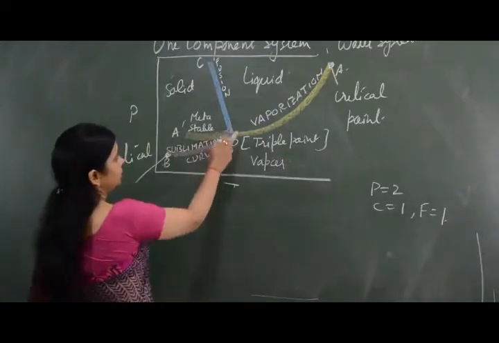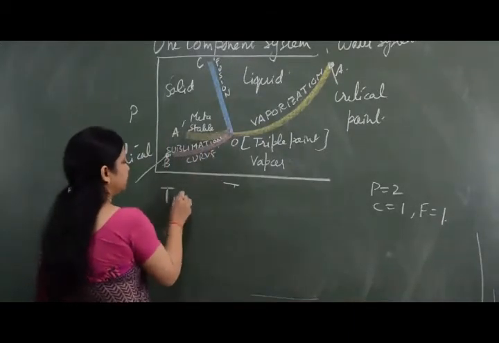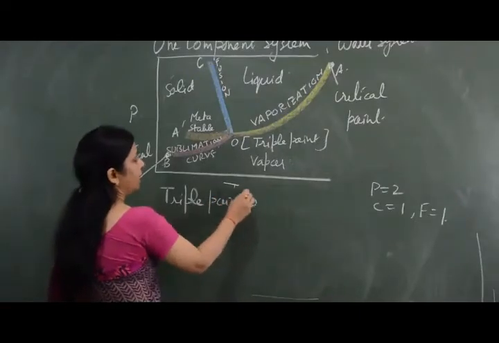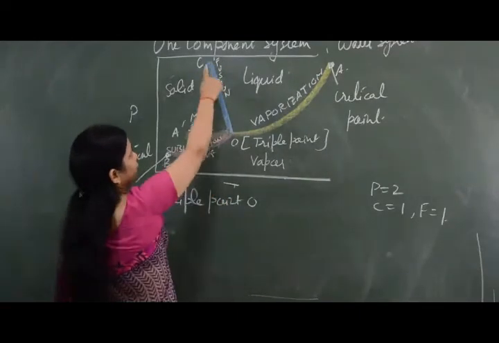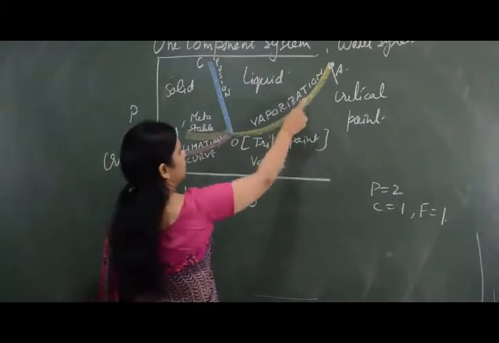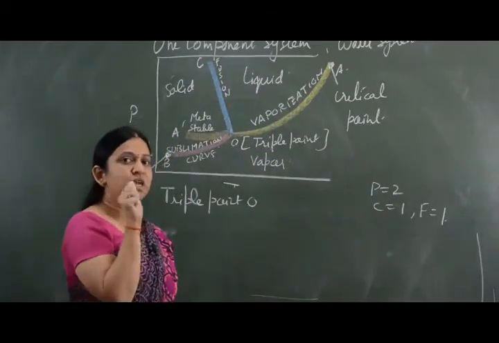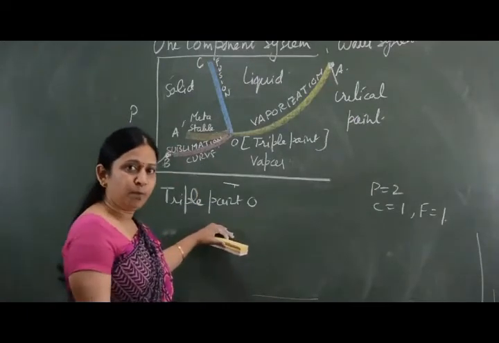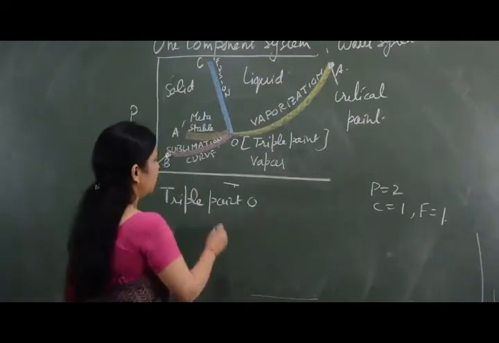Next, we come to the triple point, which is O, and at the triple point the fusion curve, the sublimation curve and the vaporization curve meet each other. So, all the three equilibriums exist at the triple point, therefore, it is known as the triple point.